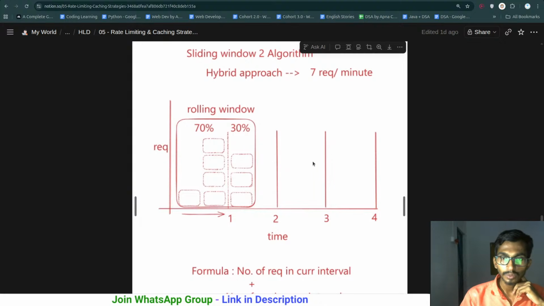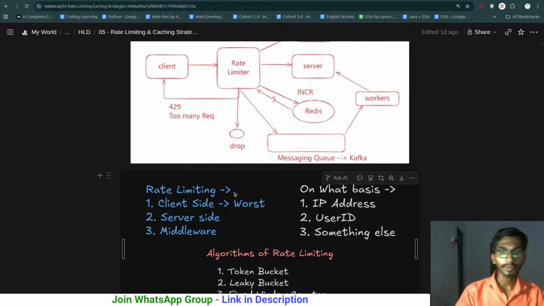First of all, suppose 1 minute's interval, and this is the sliding window block that you ultimately have, and 1 minute's interval, and 30% of the requests you got in the current one, 70% in the previous one, and then you simply get the number of requests and add them. So still you have to keep these many requests in memory, then only you will be able to calculate. Okay, never mind, let's continue.